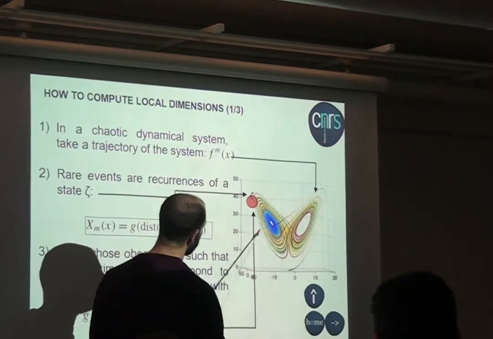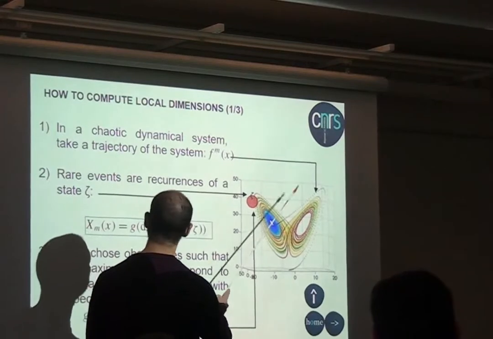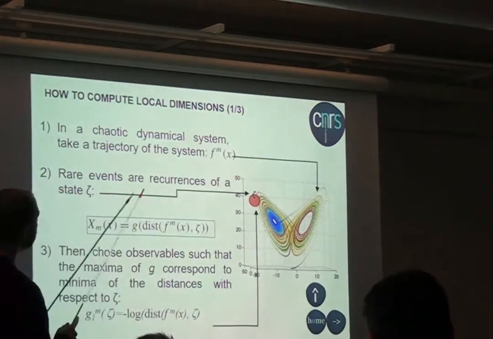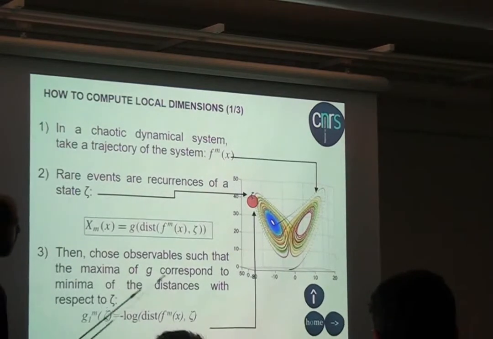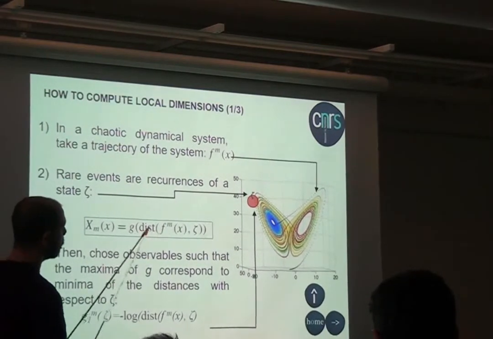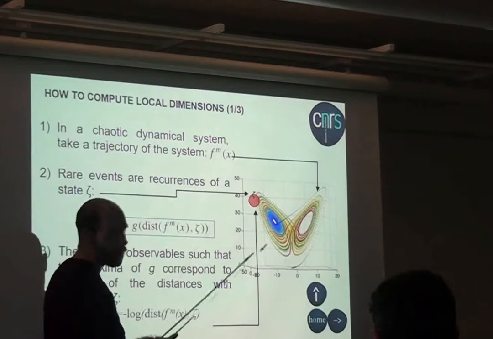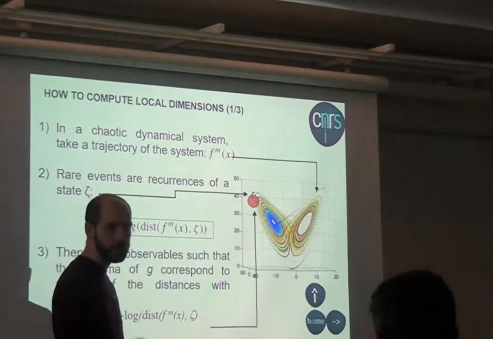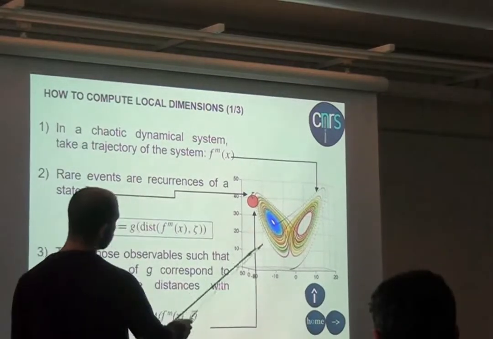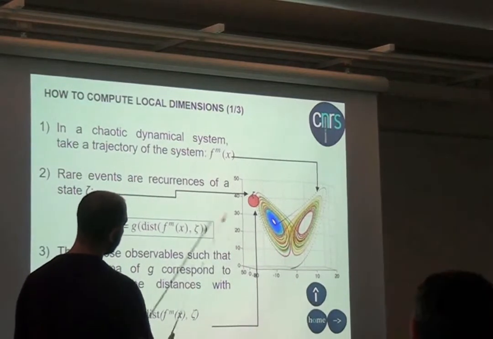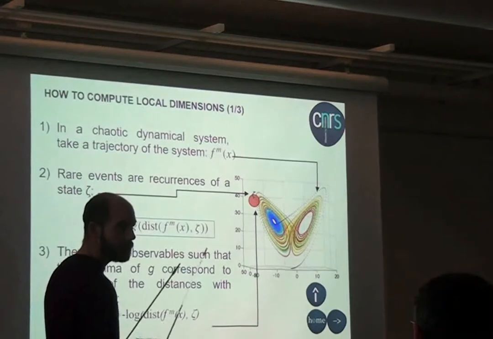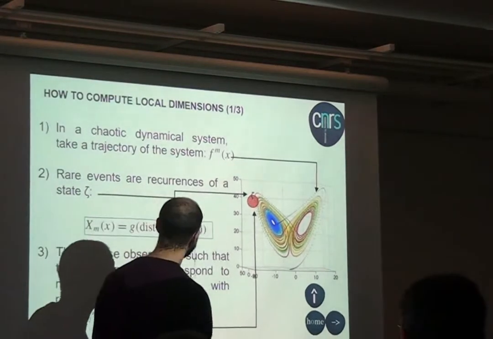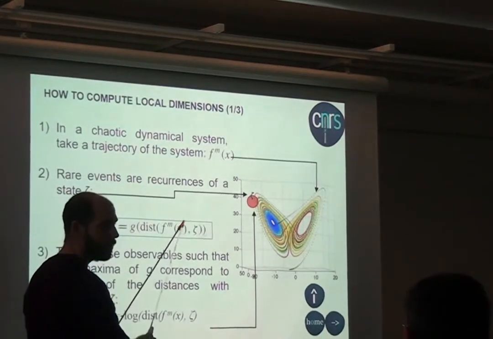So after m iterations, I'm here, for example. So what I can do is construct the recurrences of the state zeta by looking at the function of the distance between all the trajectory and the state zeta. Okay? Of course, if I want the recurrences, I have to look at the minima of this object, of the distances, with respect to the state I'm interested in.